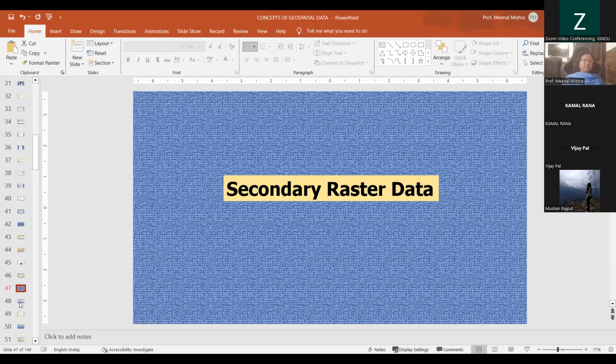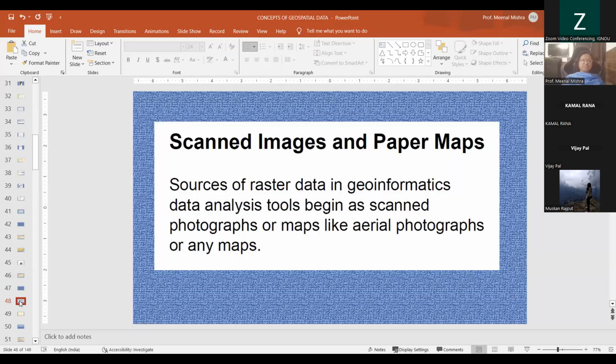Now we come to secondary raster data. When you scan some image or some paper map, that becomes secondary raster data. You have a hard copy of any map or aerial photograph, that becomes a scanned copy, a scanned image or secondary data.